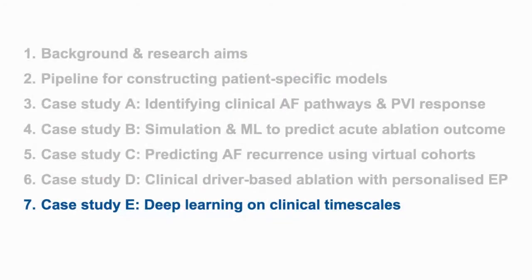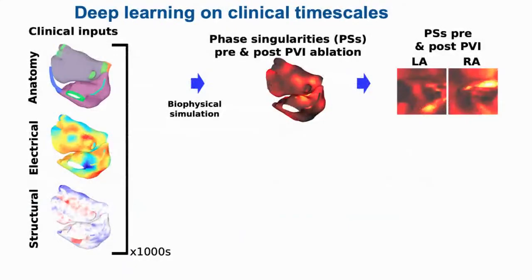So now for the final case study. This is aimed at addressing the challenge that computational modelling takes a long time, and we need to be able to make our predictions on clinical timescales. Here we're using biophysical simulations with deep learning techniques.